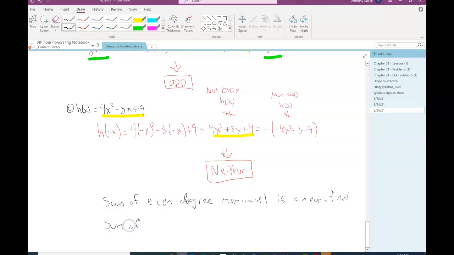And you could say the sum of odd degree monomials is an odd function. And this is great for polynomials, right? And this is true. Yes. The sum of even degree monomials is an even function.